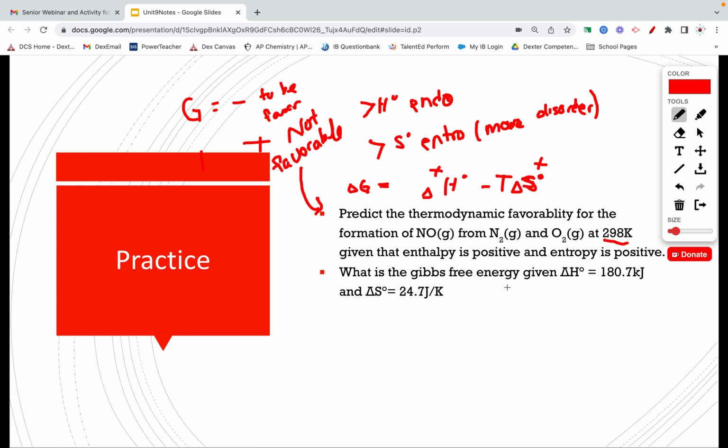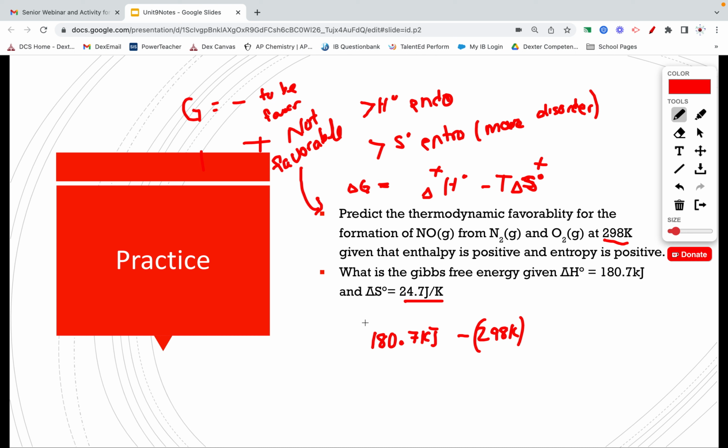Let's look at the actual enthalpy and entropy of our system. So our enthalpy, 180.7 kilojoules, minus our temperature, 298 Kelvin, times the entropy. Okay, very important here: notice it's joules per Kelvin.